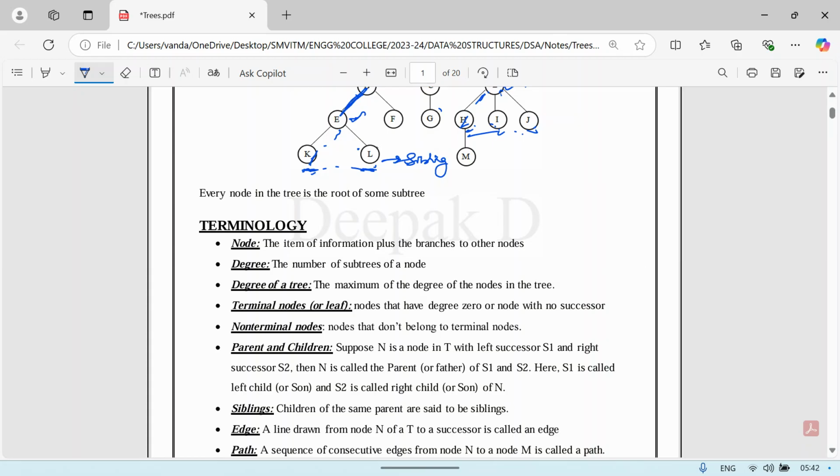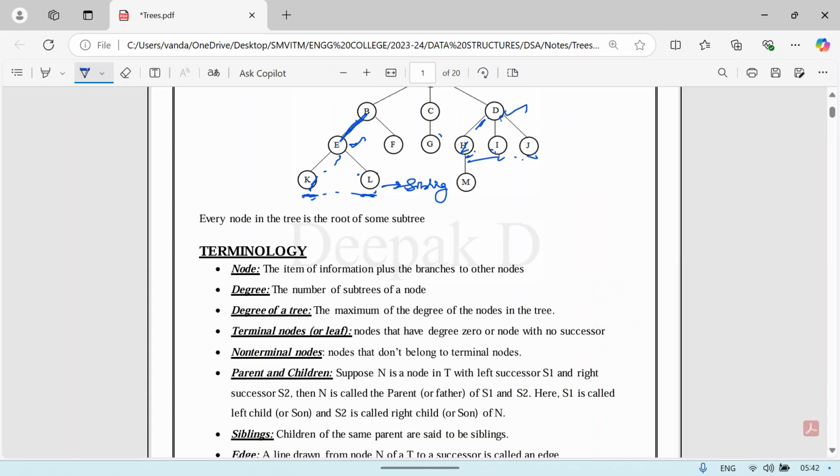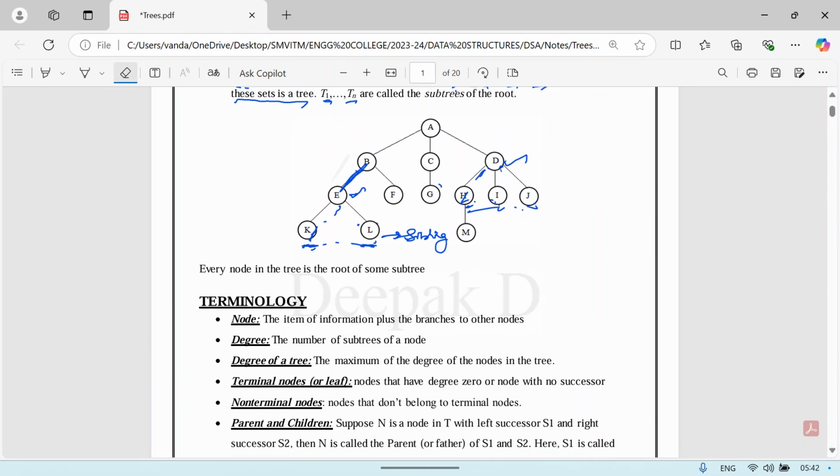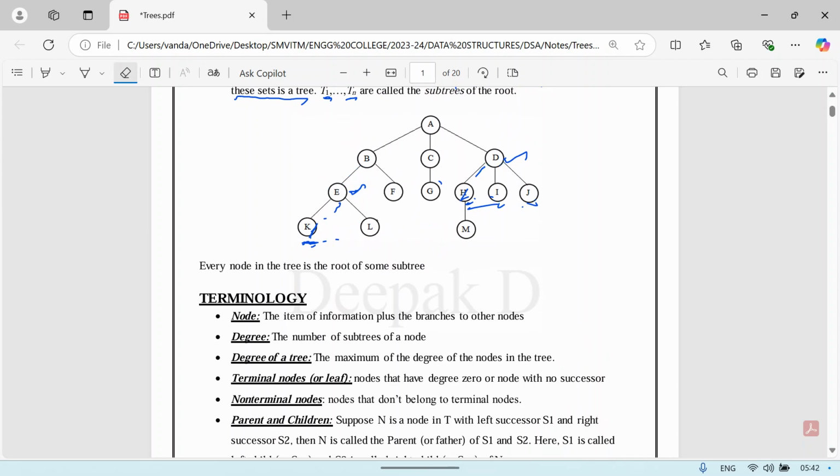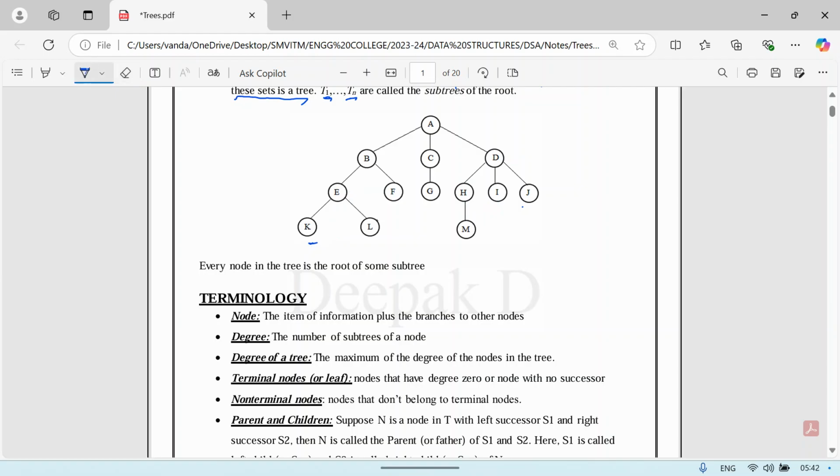So for example, if I want to find the path between D and M, then the path is this.